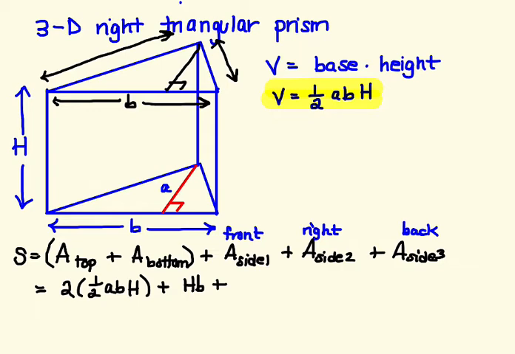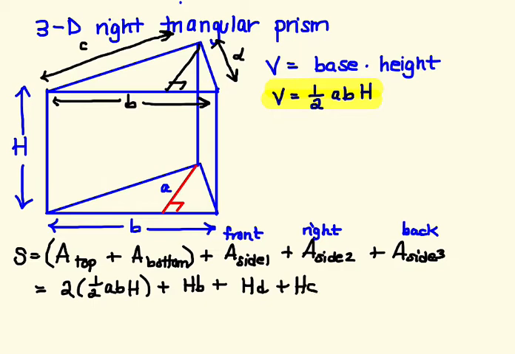So at this point, if I give you all 3 sides, we definitely need these sides, so I'd have to give them to you. So let's say the sides are, we'll call this side C, and we'll call this side D, right? And so the front is H times B, and the right is H times D, and then we have H times C. So there we go.